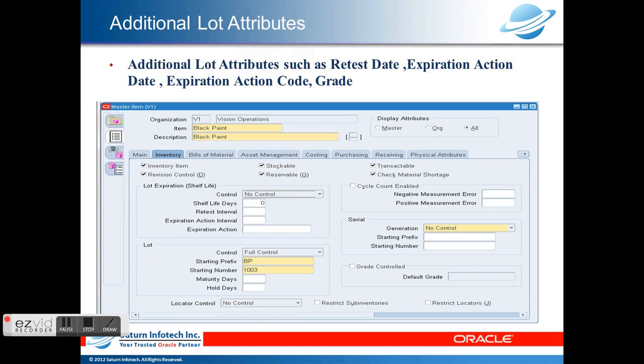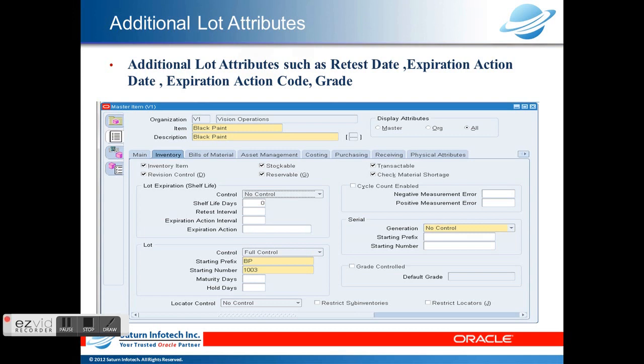Now let's talk about the additional lot attributes provided in R12 inventory. There are a lot of different attributes provided, and those are governed at the item master level. There is a section called lot expiration and shelf life.